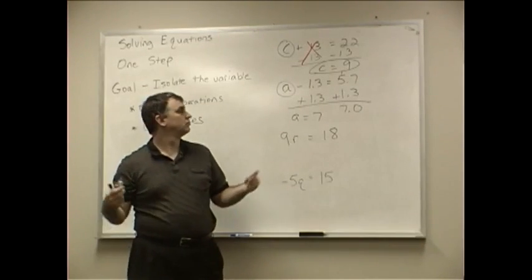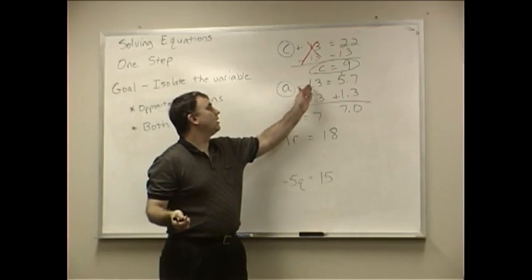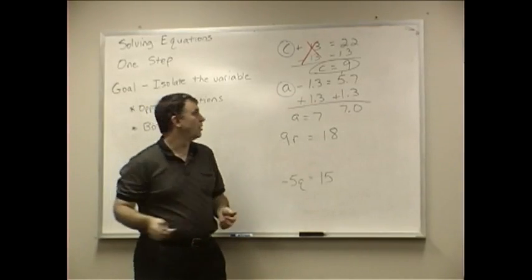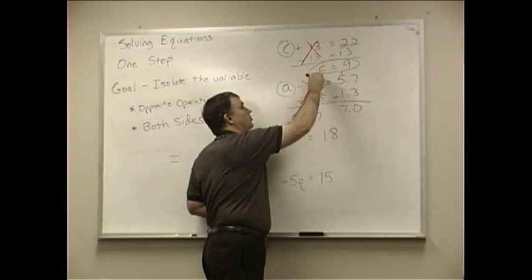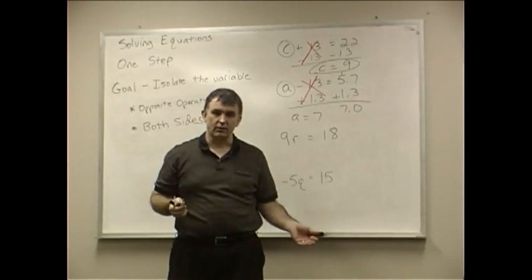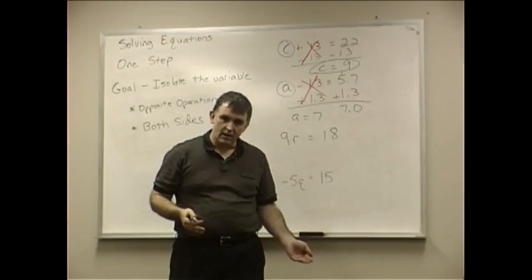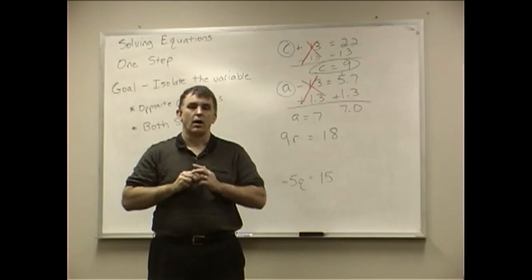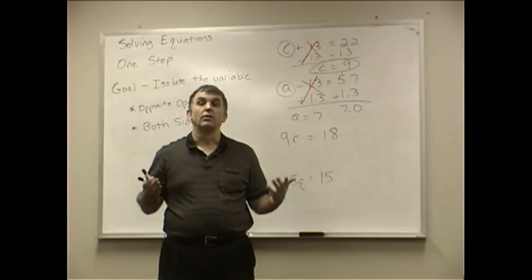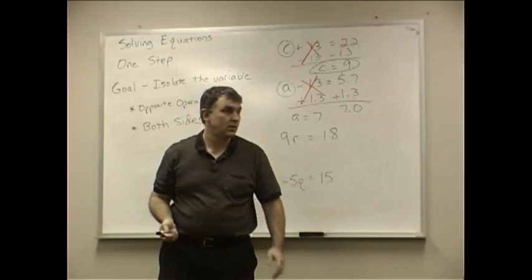You don't have to. Negative 1.3 and positive 1.3 add up to 0, so they cancel out. Adding and subtracting, you are using what's called the additive inverse. You want to get it so that it adds up to 0 to cancel it out.